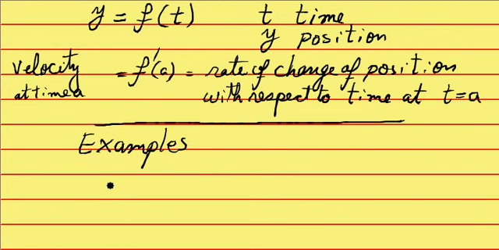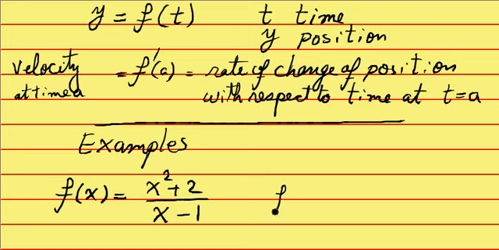So here is a good example. I might pick this one. f of x is equal to, say, x squared plus 2 over x minus 1. Question is, find f prime of a.